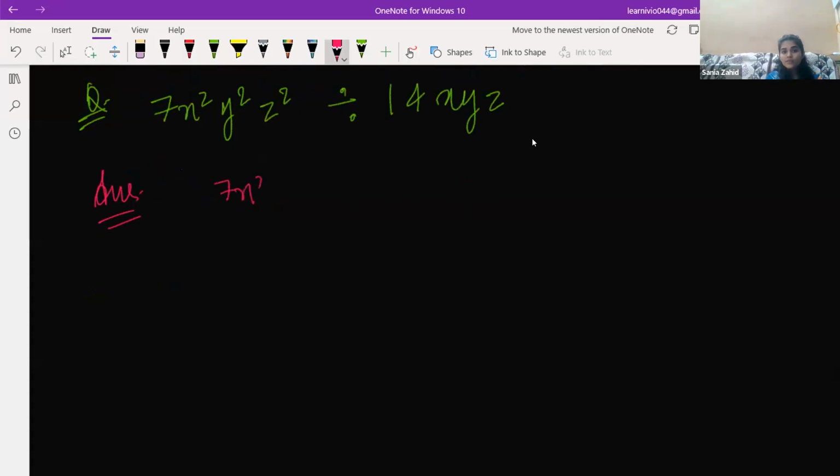We get 7x square y square z square divided by 14xyz. Now I need to write the numerator in the expanded form, and similarly open the denominator. What is the expanded form? The factors basically. 7 into x into x into y into y into z into z.